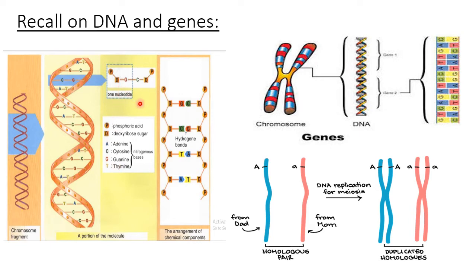And how are these nucleotides present? We can see here the chemical arrangement. We have two strands that are complementary. G pairs with C and T pairs with A by hydrogen bond. It means this is a base pair, GC or CG and TA or AT.